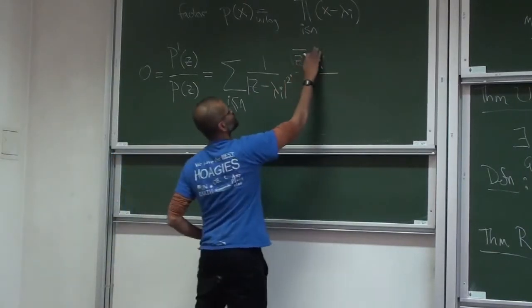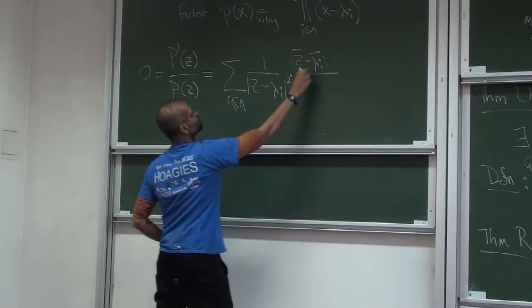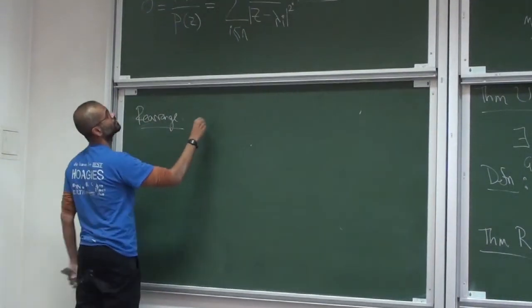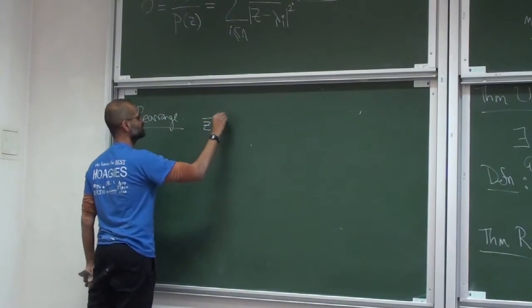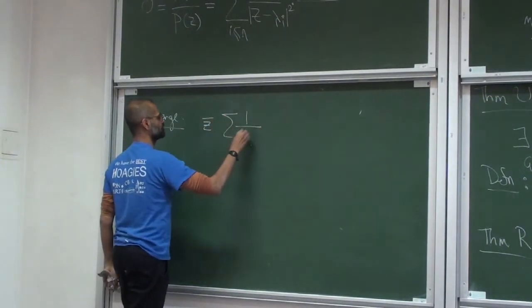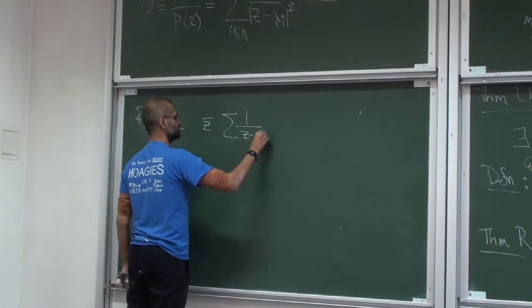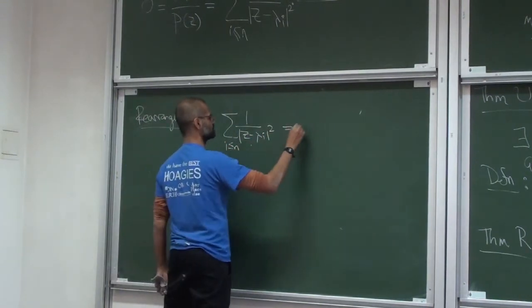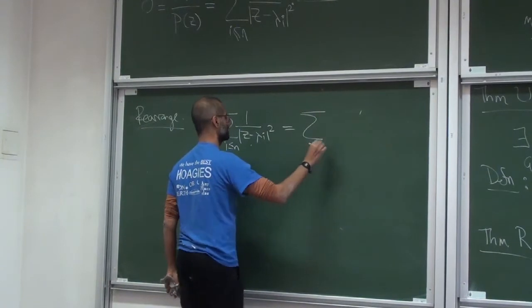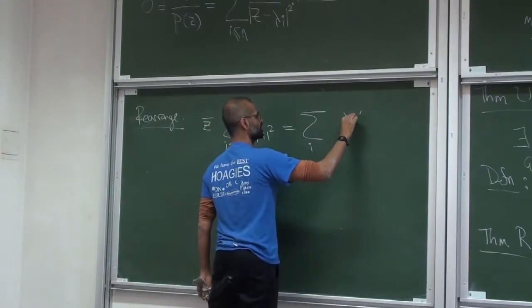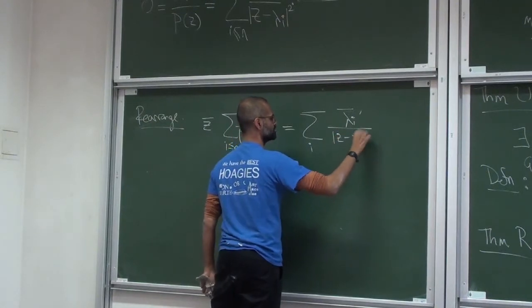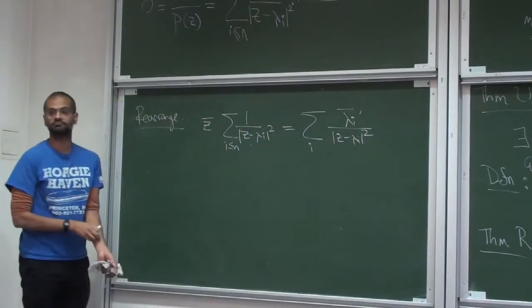And now I can separate out these bars and move the z bar to one side. I get that z bar times the summation of 1 over the magnitude of z minus lambda i, squared, is equal to the summation of lambda i bar over the magnitude of z minus lambda i, squared.